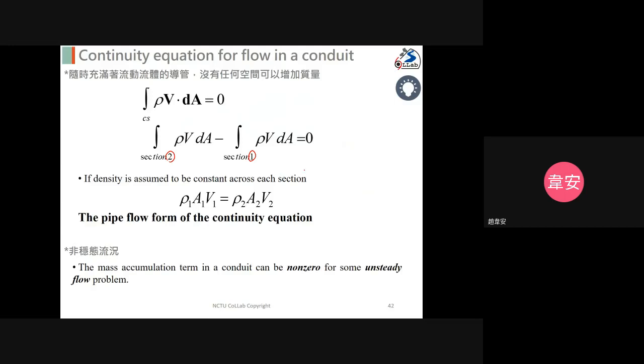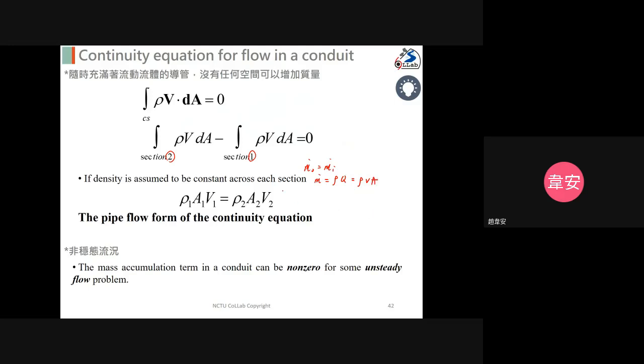I have said that the m rate out will equal the m rate in. So we know the mass flow rate can be defined by rho and the discharge Q. And we can rewrite the discharge if we know the velocity and the cross-section area.